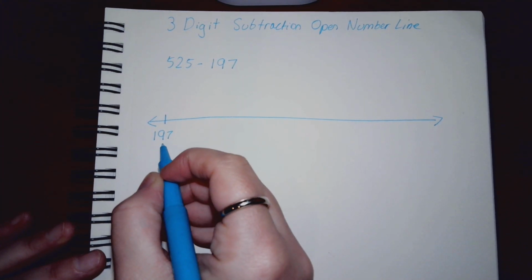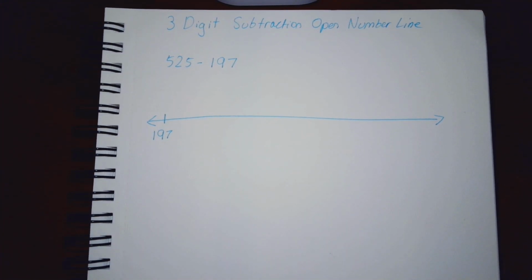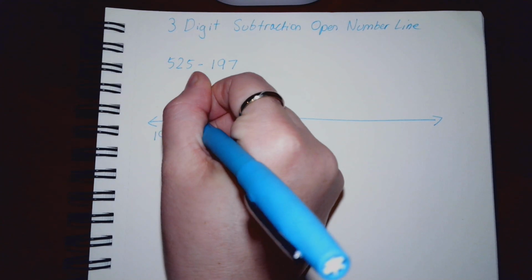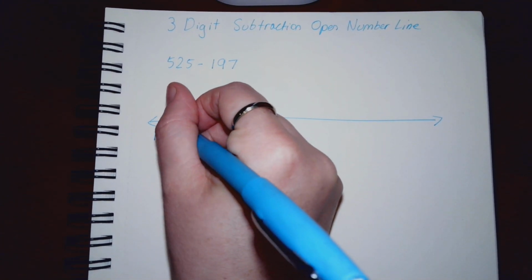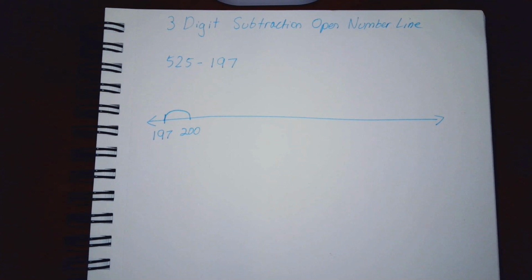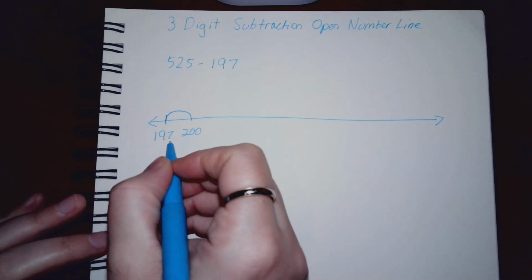So I'm at 197. Now we have to think about it with hundreds. What is that friendly number that we want to get to? If you said 200, you are correct, because if I get to 200, it makes it easier for me to count. Now, when we're trying to figure out how big that hop is, some of you have it right away, and some of you need to think about it a little bit.